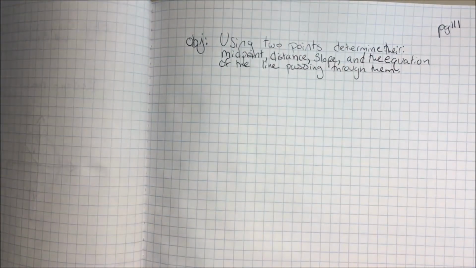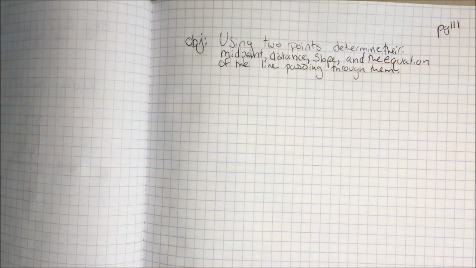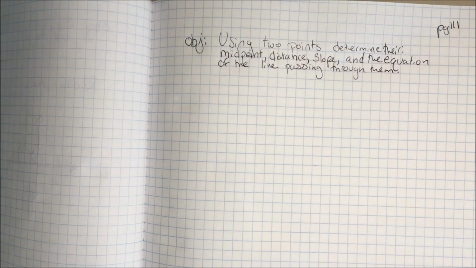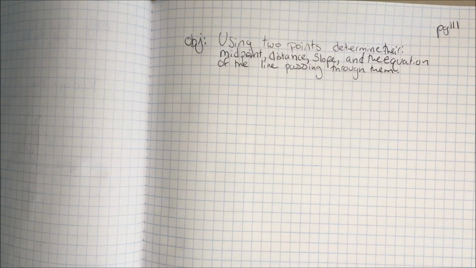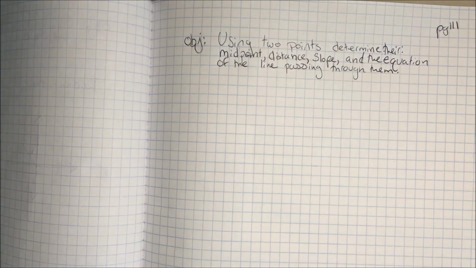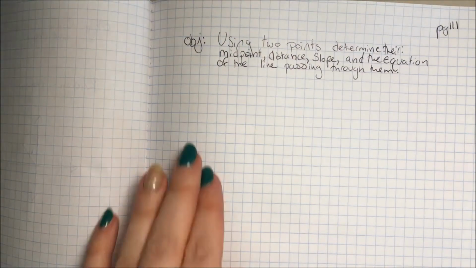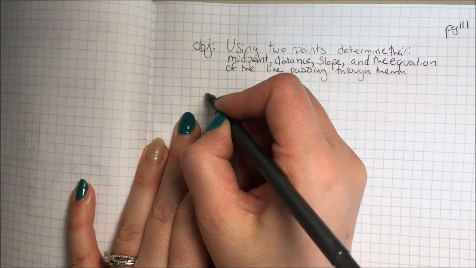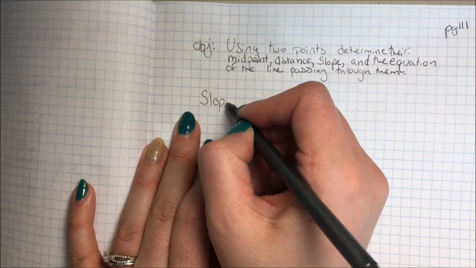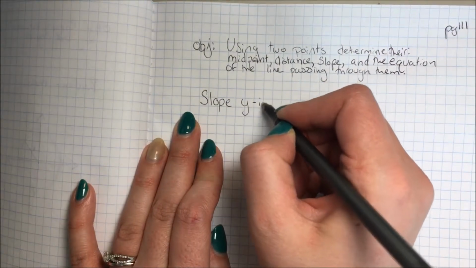So we're going to start with a little bit of review from algebra. So a lot of this should feel pretty familiar since it is mostly algebra review. Okay? The first thing I want you to remember is slope y-intercept form.